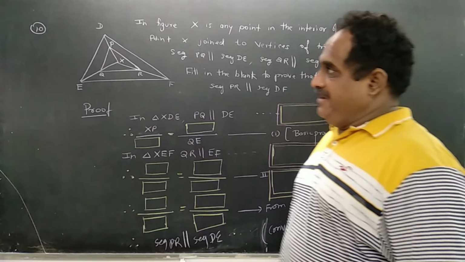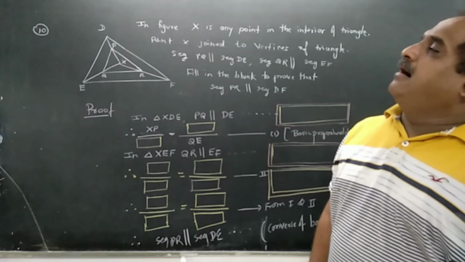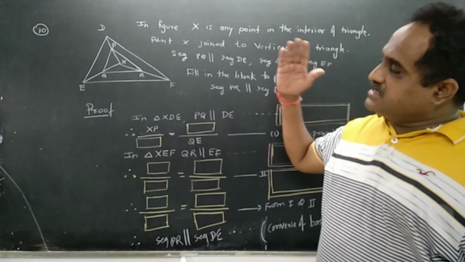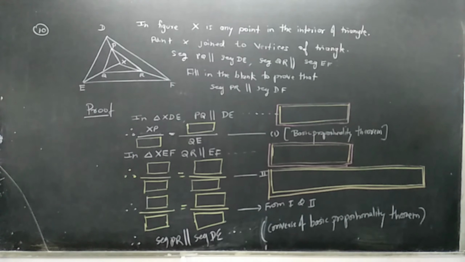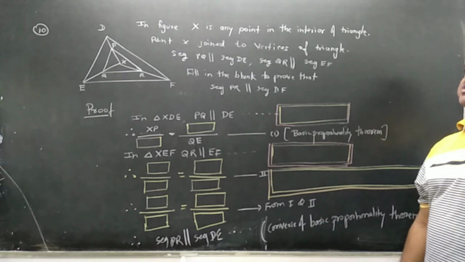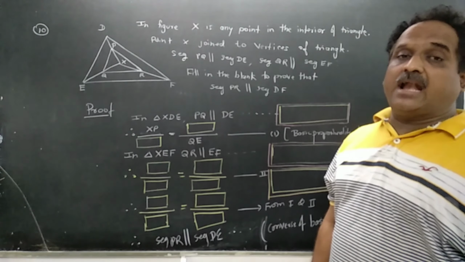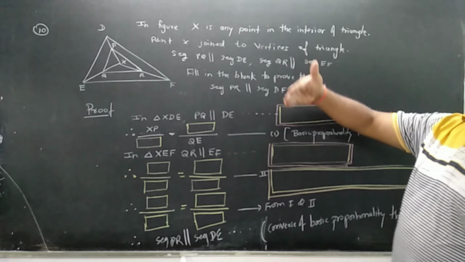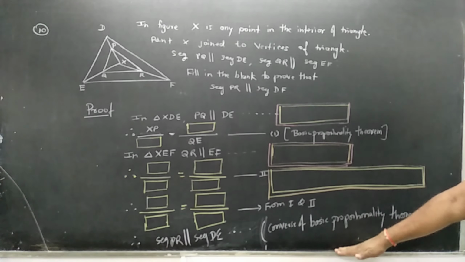Now, question number 10. This question is actually an activity-based question, and from last year they started asking questions which are based on activity. This is that type of question. They will give the question like this, with some blanks to fill, as I have written on the board.